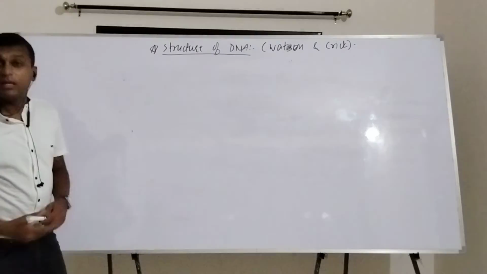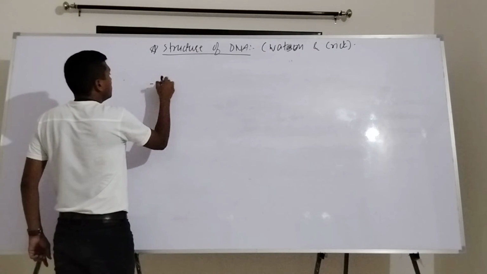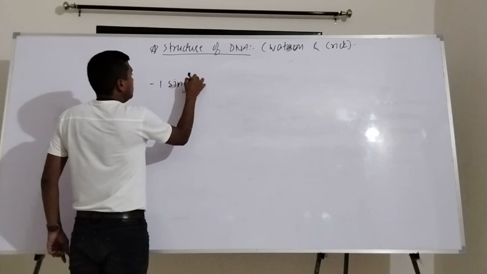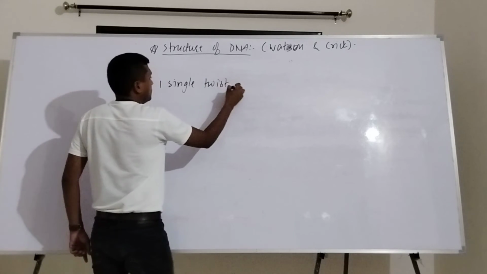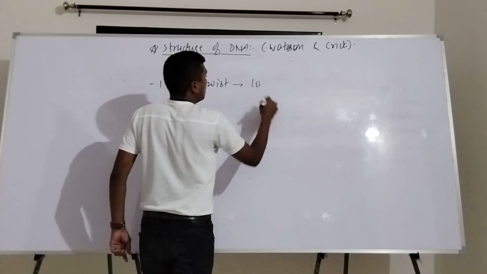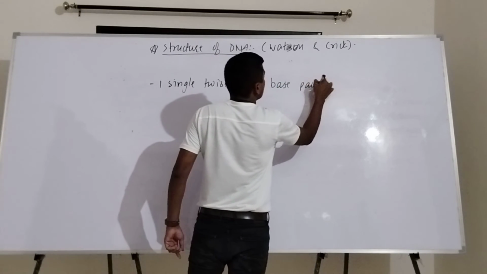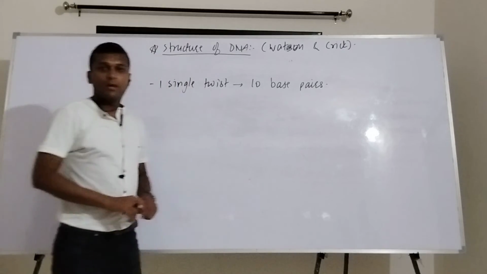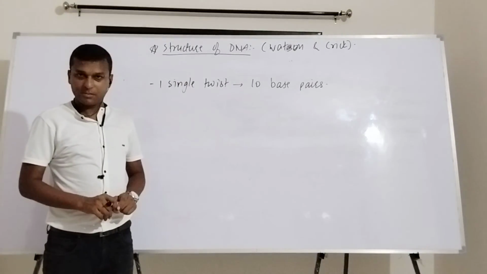As this single twist is there, that means in one single twist there are 10 base pairs. In a single twist of the DNA, there are around 10 different base pairs.